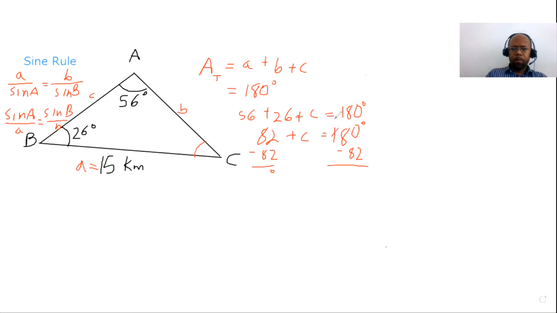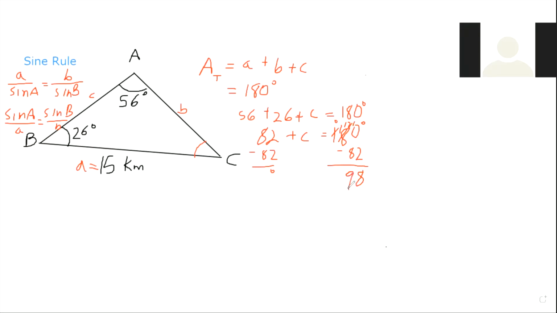All right, so we have 180 minus 82, and this would give me, what's 17 take away 8? 9. So 98 degrees.